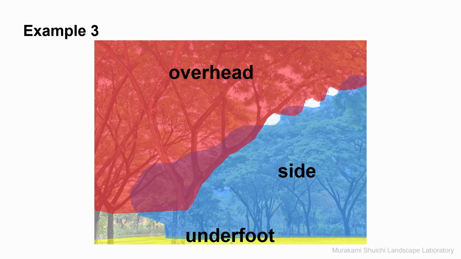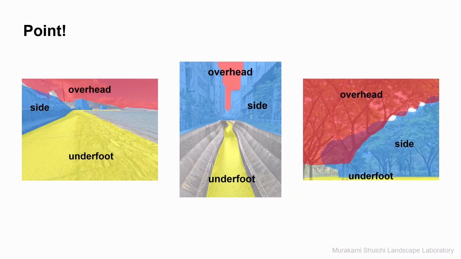Unlike geometric elements, plants often have complex shapes that make their outlines hard to define, yet they can still be recognized as elements of a three-dimensional space. When observing these landscapes, there can be different interpretations of what counts as overhead, side, or underfoot.